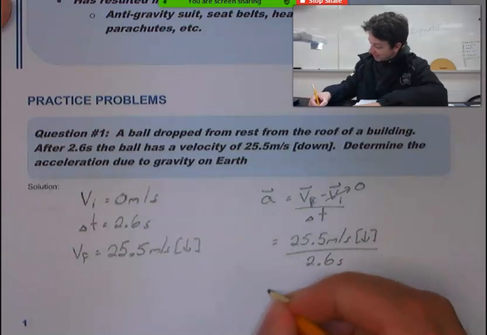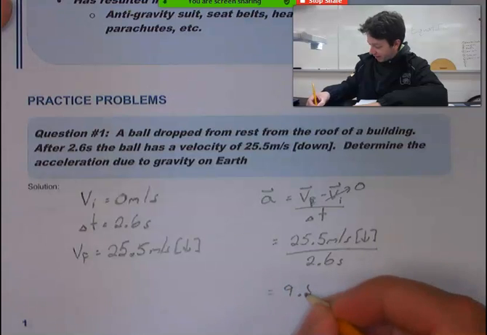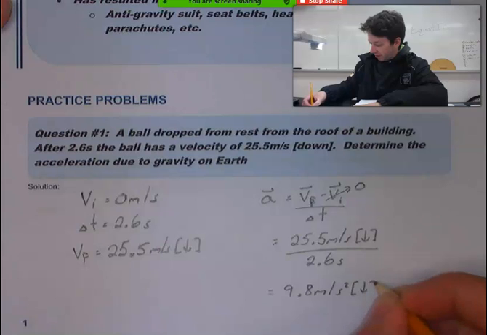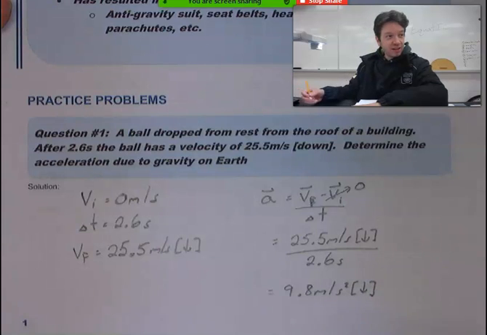You can try that in your calculator and you will get 9.8 meters per second squared. But if you were on the moon and you dropped something, it would not be 9.8. Similarly, if you were at Mount Everest, it would be slightly lower than that.